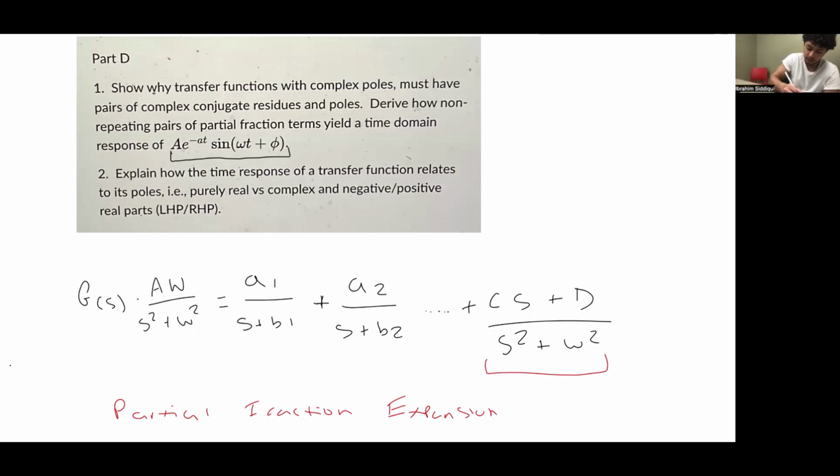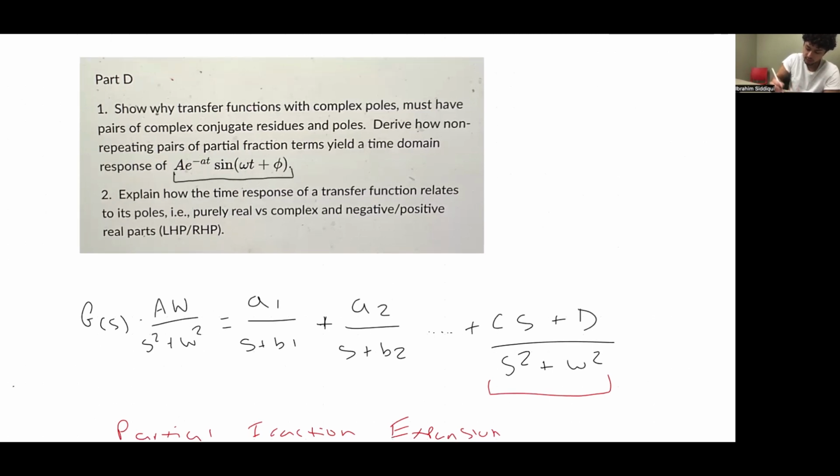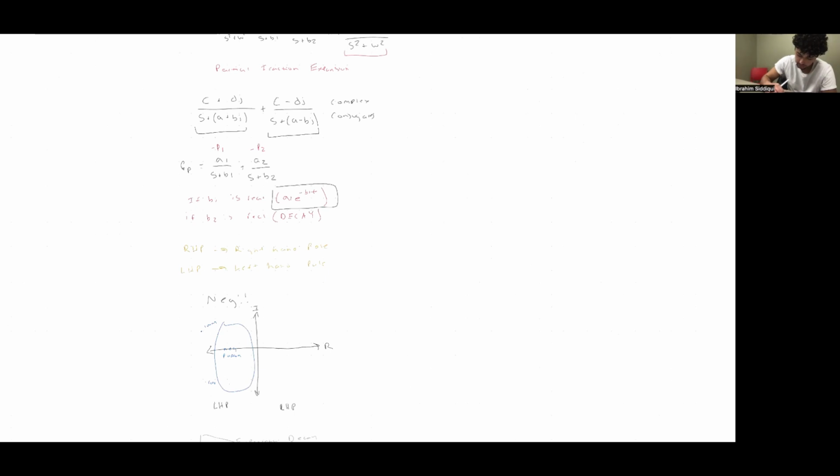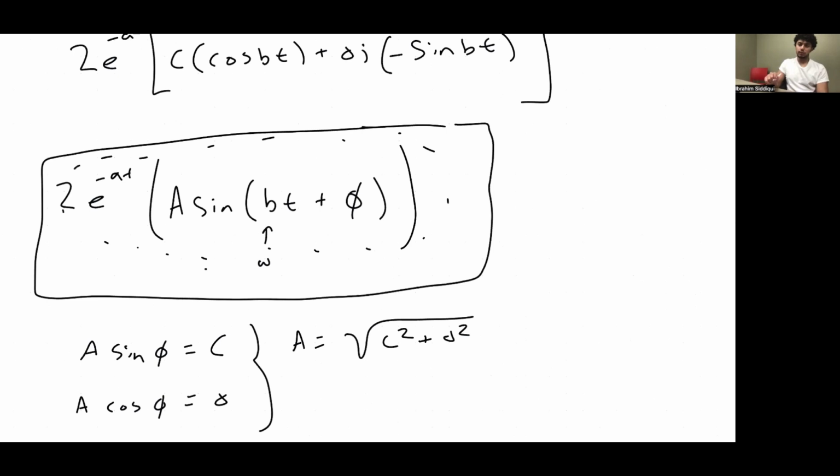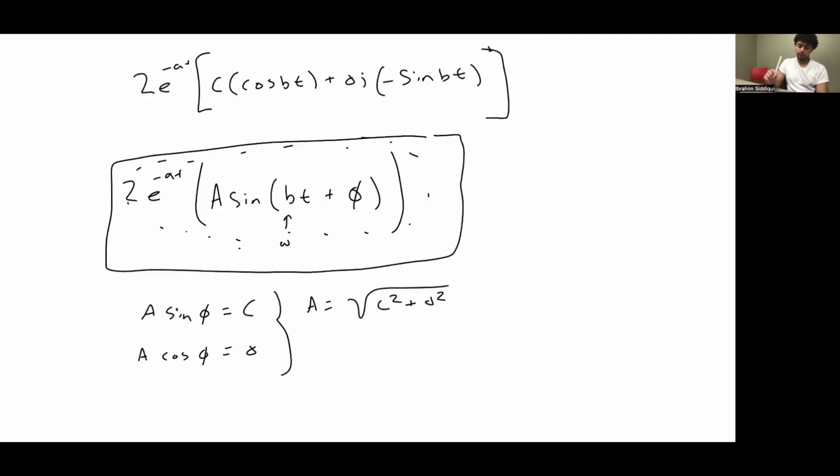However, for our omega, we can simply say that omega is equal to b in this case that we introduced here. If our b is equal to omega, this is essentially the same equation except for the 2. So that completes this final part of the homework, and we can go ahead and move on to homework 5, our last one.